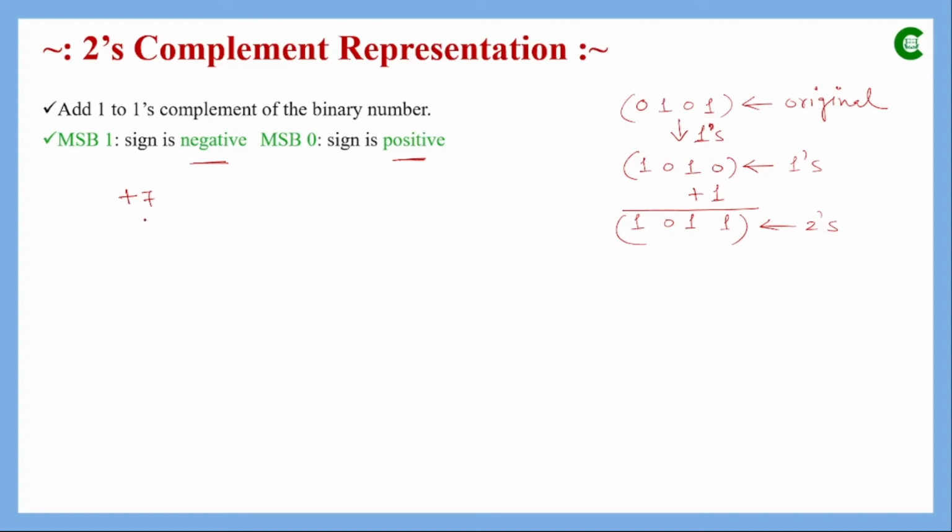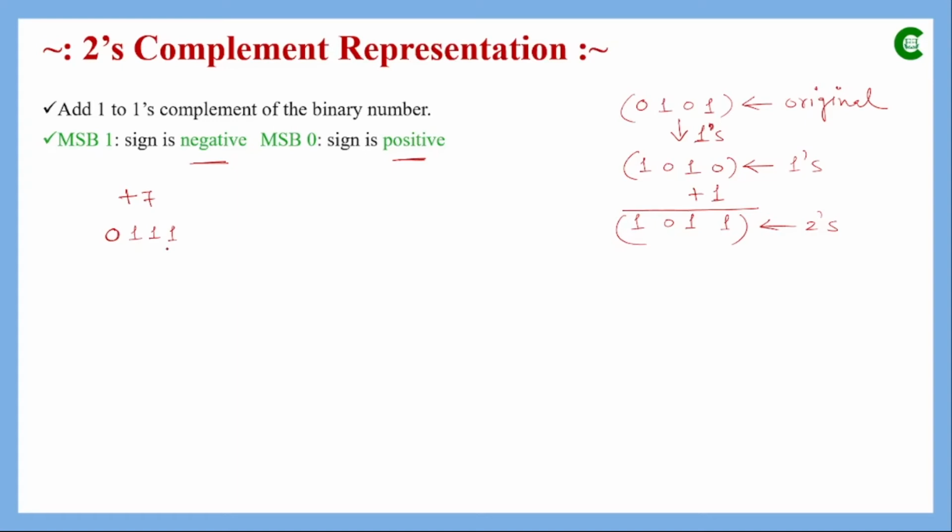Suppose we take 7; its binary equivalent is 111. These 3 bits we need to represent the magnitude of that number, and we use 1 bit to represent the sign. Since this is plus, we will use 0 here. So this is the binary representation of plus 7, and since this is a positive number, we don't need to find its 1's complement and then 2's complement.